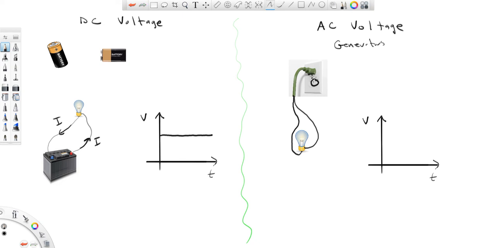When you are working with AC power, or let me back up, in the United States power grid, the voltage that comes out of this, half the time it's at you, kind of like this way in the picture, half the time it's away. And if you were to make a voltage graph, it would look something like this.